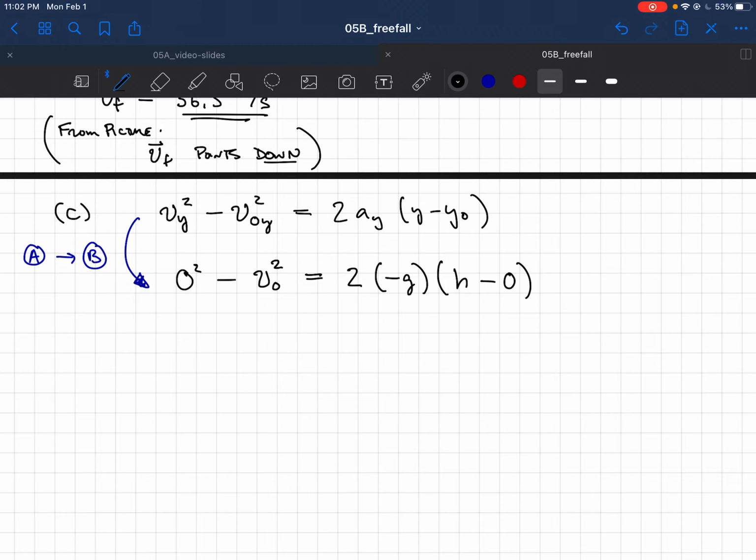So we get, multiplying through by minus 1 again, v0 squared is equal to 2gh. Our unknown was h, so let's solve for that. So it's going to be v0 squared over 2g. And if we plug that in, v0 squared divided by 2 divided by g, we get 7.3. And of course that's meters for a height.